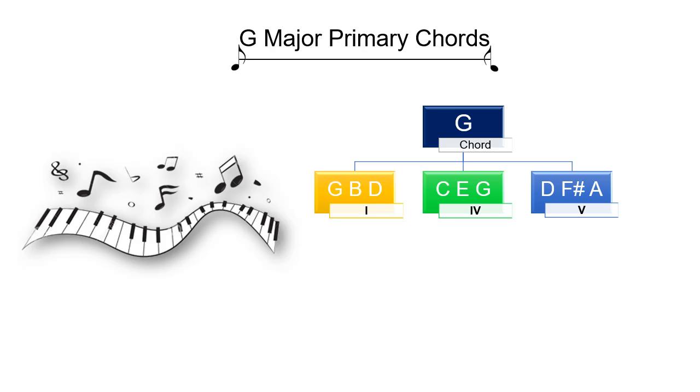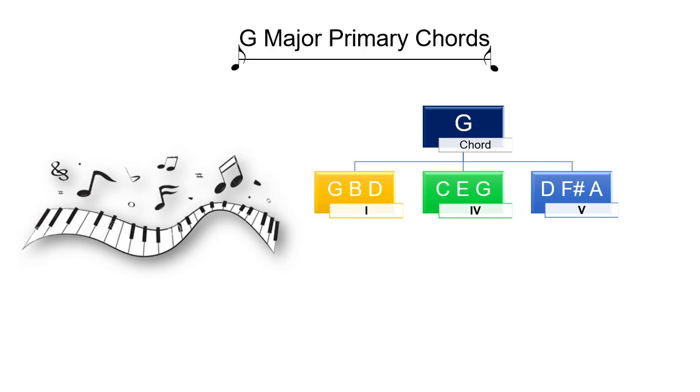G major scale has only 1 sharp, and that's what you can see on the screen, and that sharp is on F, on line F. So our chord 1 we have our G, our B, our D. Our chord 4 will now be our C, our E, our G, and then our chord 5 is D, F sharp and A.